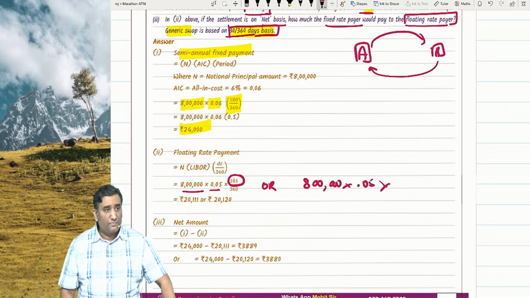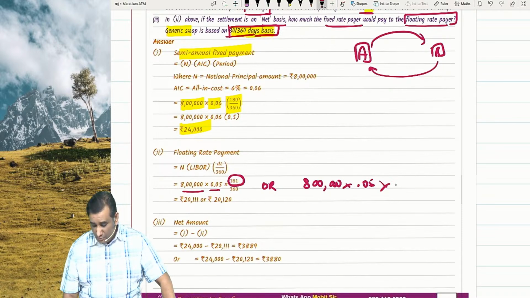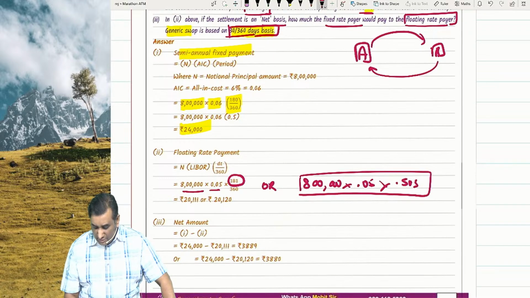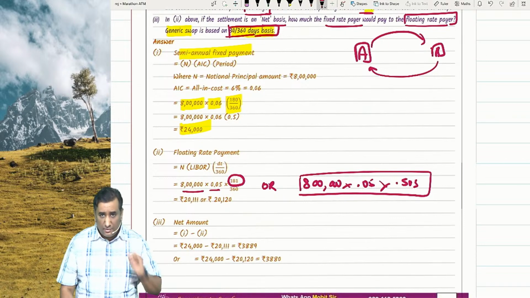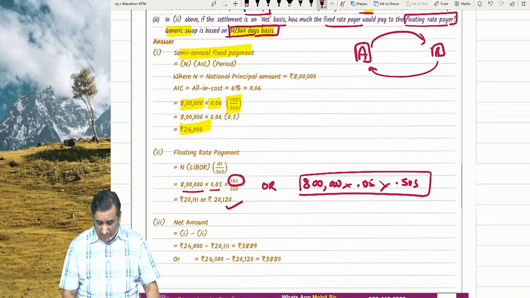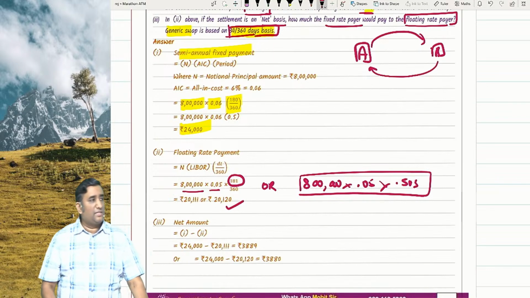How much does it come? 0.503. So if you calculate this way, one of the answers would come; if you calculate the other way, another answer would come. Which one is coming? 120. So if you multiply this, I think the first answer would come. So the examiner has given both of them.